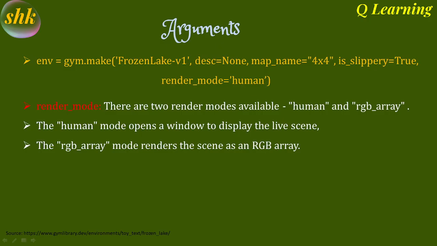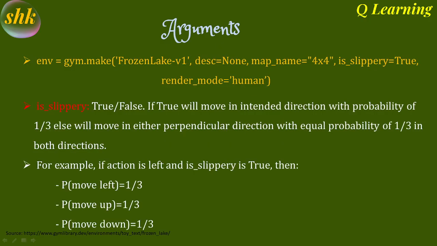If we use rgb_array, then the scene is returned as an RGB array, and we can estimate the values at the output side. Next is is_slippery, for which we can pass true or false.